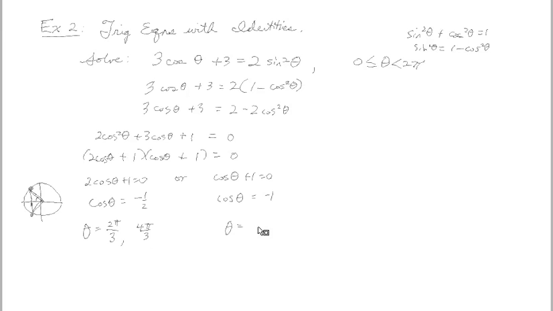Here theta would be equal to, if I draw it over here, -1 is over here, so that would be at pi. That angle would be pi. So my solution set then would be 2 pi over 3, 4 pi over 3, and pi. Okay, so that would be my solution set.